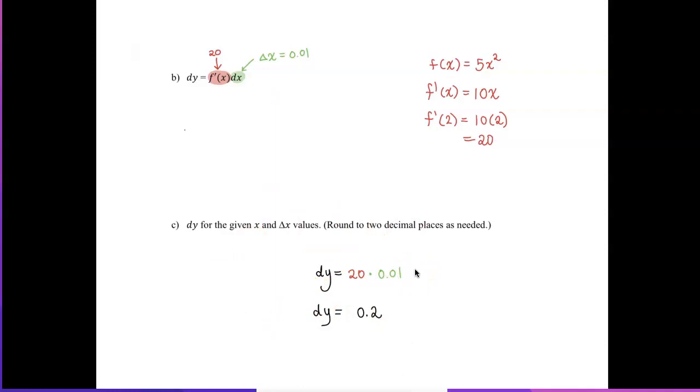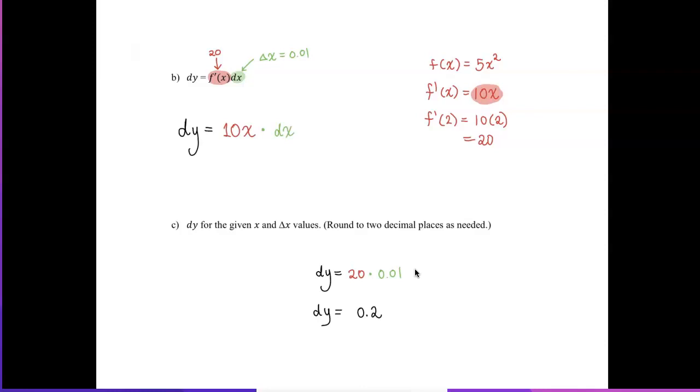But if I were to give them the answer for this, I will say dy is equal to the derivative before I plug in 2. That's going to be that red highlighted 10x times dx.